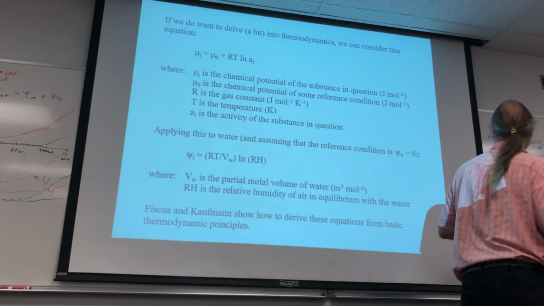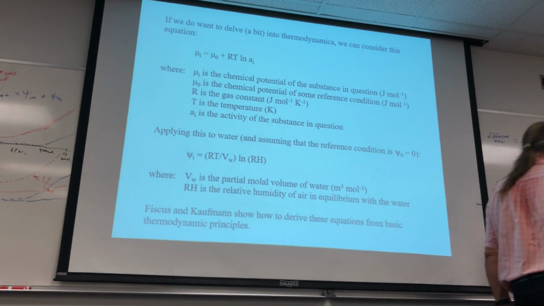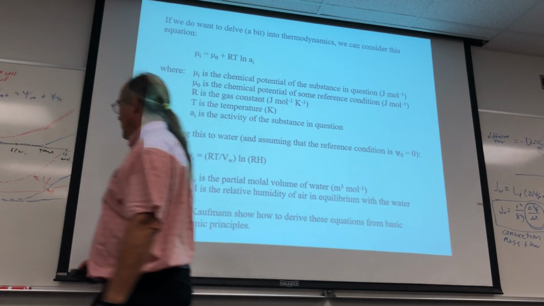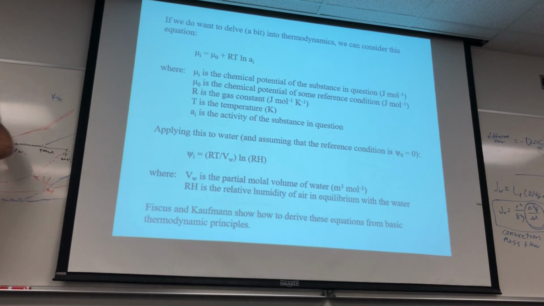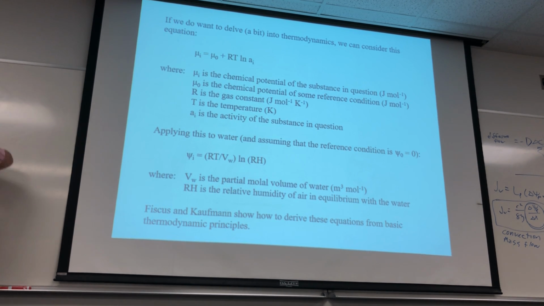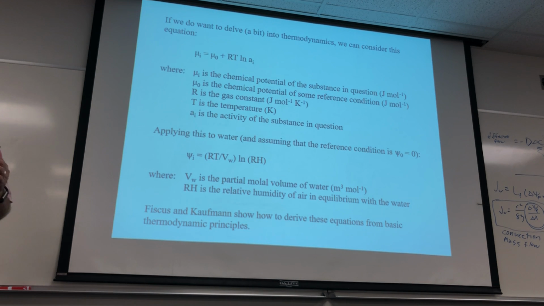Another example of diffusive flow. Maybe I get rid of this screen. Everybody knows this thing. Another example of diffusive flow is the movement of CO2 from the atmosphere into the leaf in the process of photosynthesis.